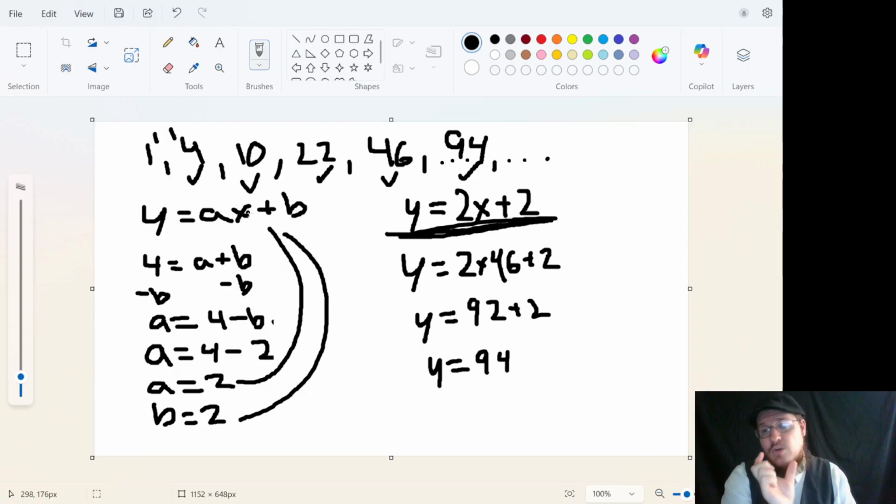Once you have that little equation for a, you plug it back into the original equation, y equals ax plus b, but now you have y equal to a small equation for a times x plus b. You distribute. We use our next two values, the 4 and the 10. We plug those in, you distribute, you perform the rest of your operations, you combine your like terms, you then figure out what b is to get your pattern constant.